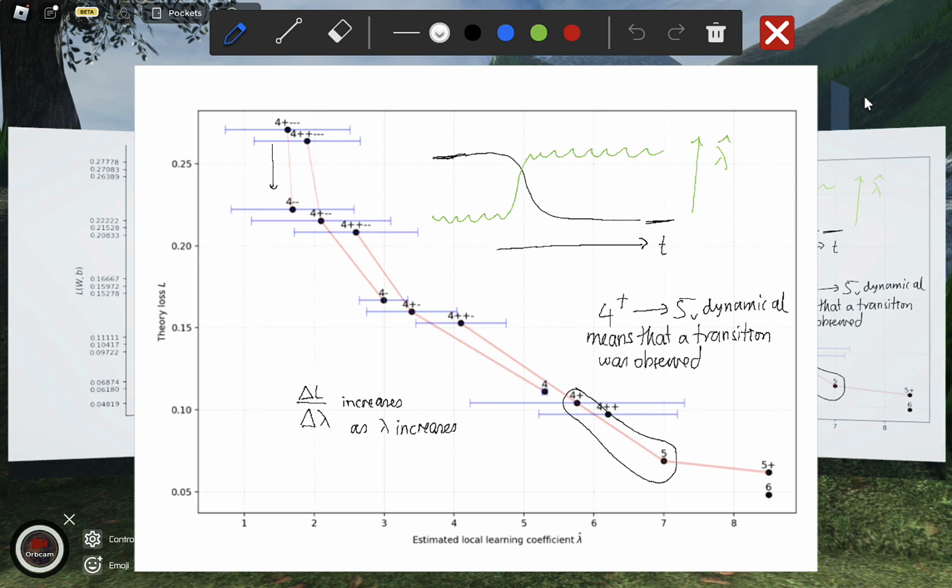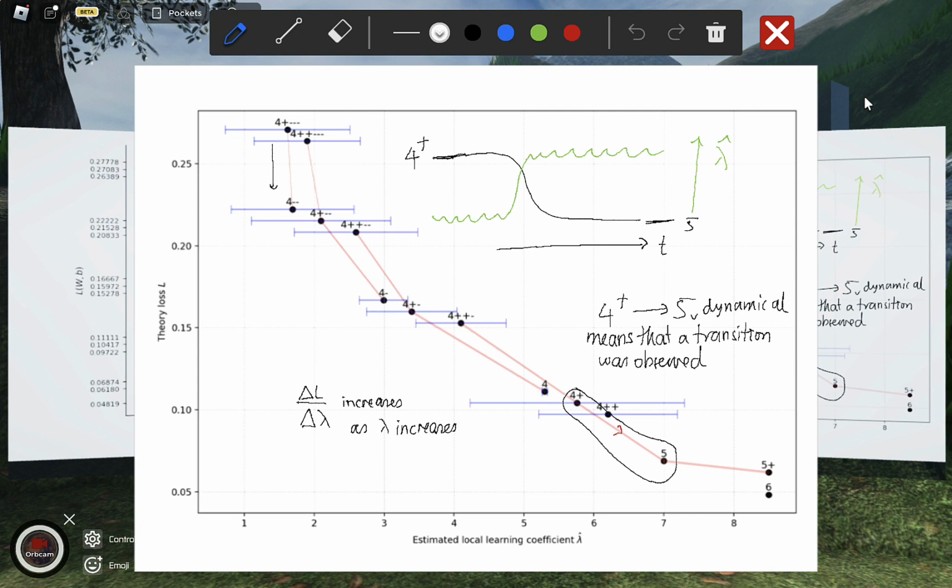So in our distribution of SGD trajectories, at some point we saw a trajectory that was in a plateau near a 4 plus gon, and then afterwards was in a plateau near a 5 gon. Whereas you never actually observed a 4 plus plus minus to 4 transition. Correct, yeah. This never happened.